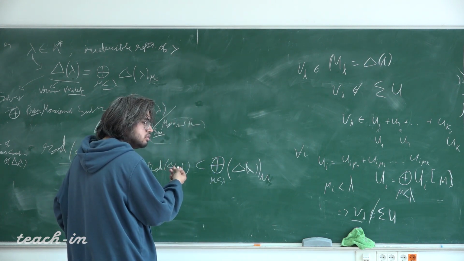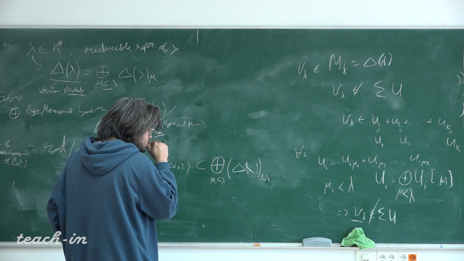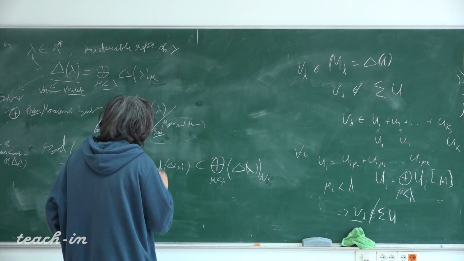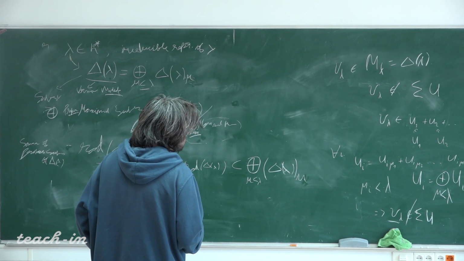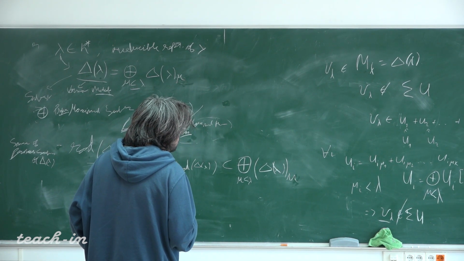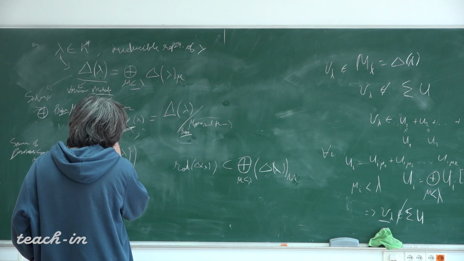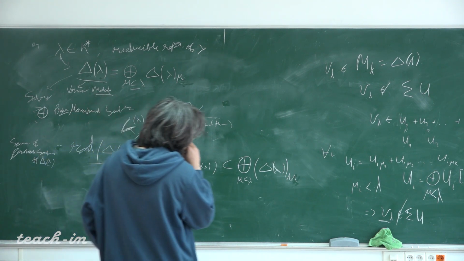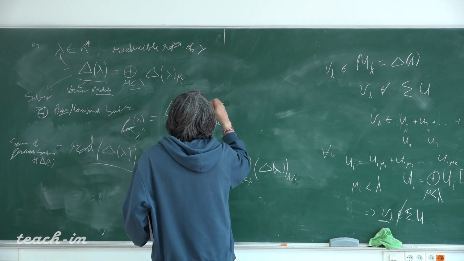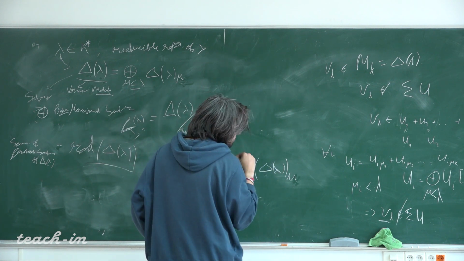But why is it maximal? Since it's irreducible and of highest weight lambda, because v lambda is still in there, we didn't quotient by it. But why is the sum maximal? What does maximal mean?